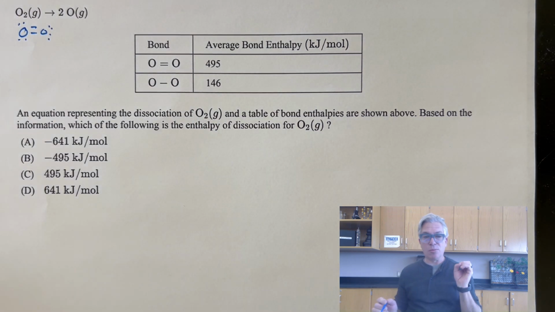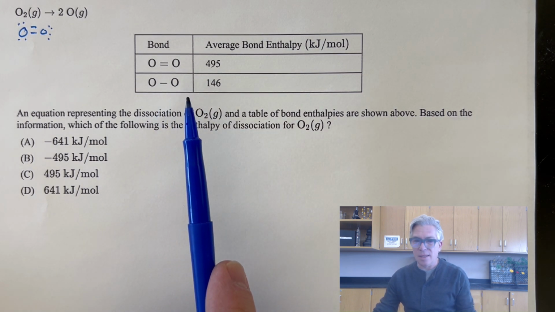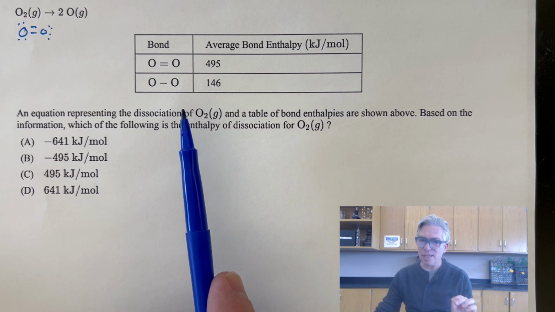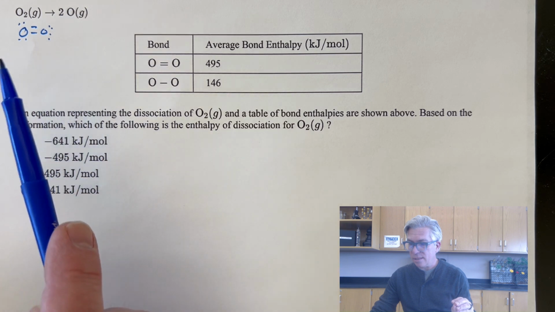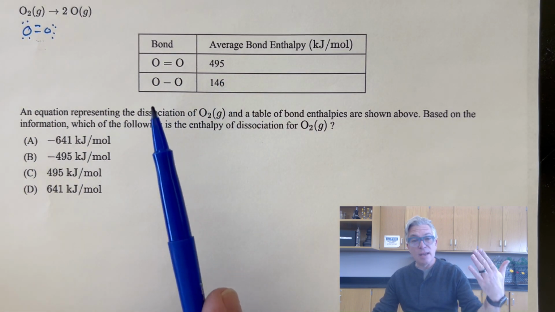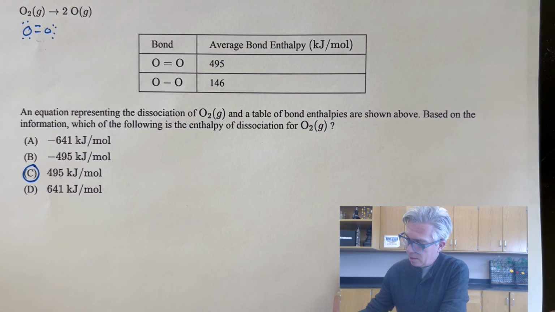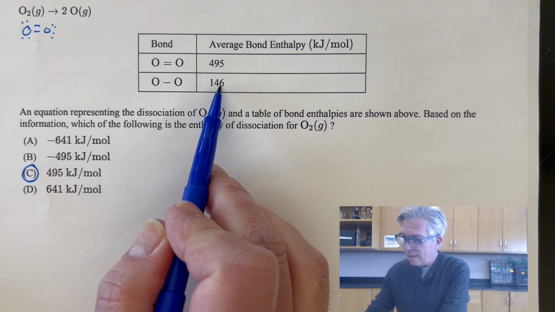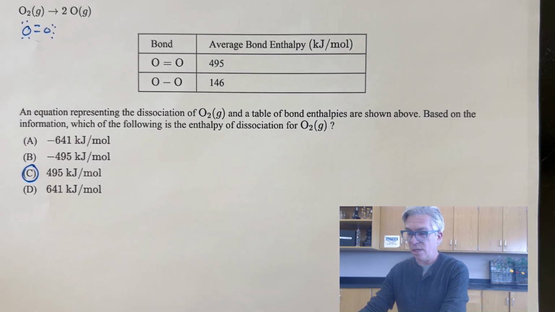So we're breaking a double bond, and they put in the single bond in here. It's tempting to use it, but don't use it. To break this apart, we simply have to put the energy back in to break that bond, which is 495. It's going to be endothermic, so a positive 495. The 146 is not necessary because we're not actually forming new single bonds. Those oxygens are just going to be separate oxygens, not bonding to anything.